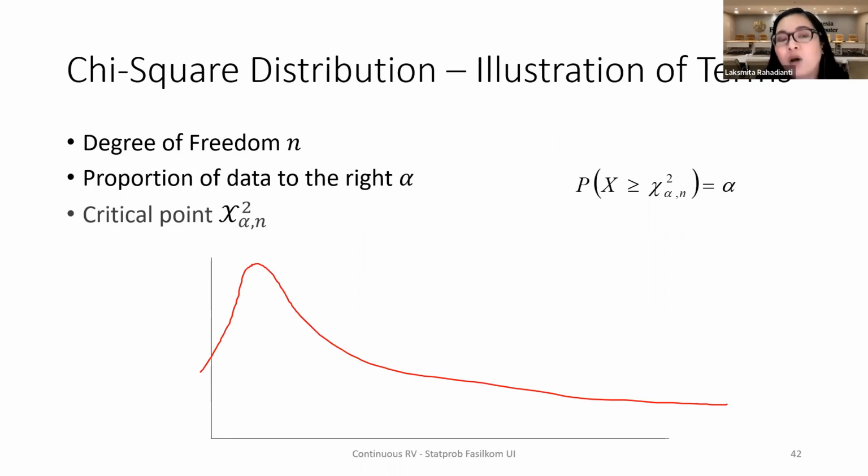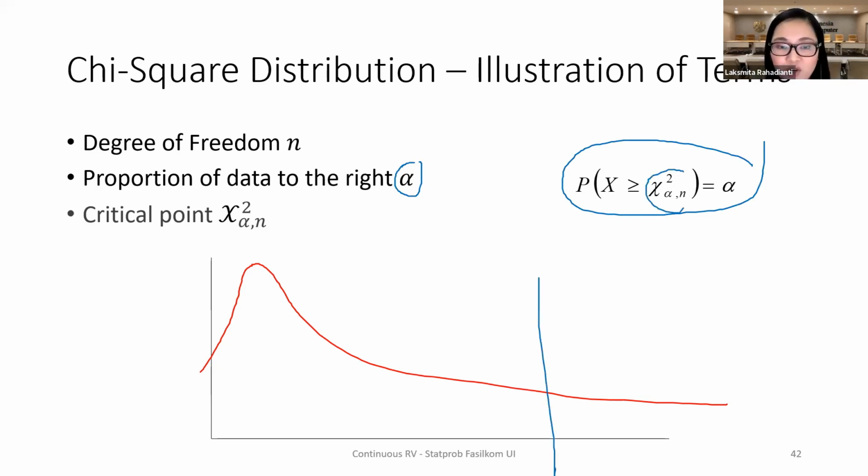Next, if I want to know where the line is that I need to draw so that the proportion of data, alpha, falls into the right-hand side, in other words, what's the probability that the random variable would be larger than this limit, this line here, this is called a critical point.